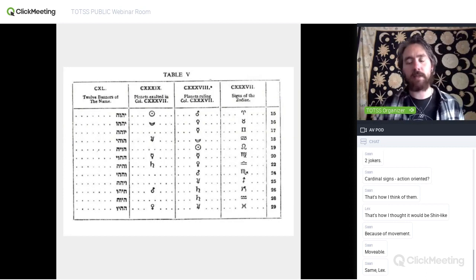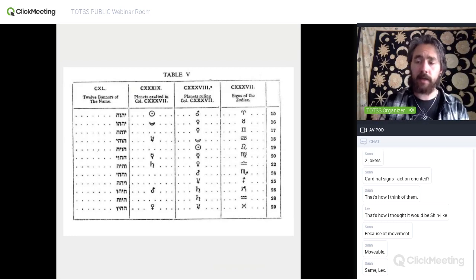There are, at least in the version of the Goetia that Crowley was working with, 72 demons. Those 72 spirits get attributed to the 36 decans, both by day and by night. By dividing the decans into day and night, that gives you 72 things to attribute the 72 spirits to.